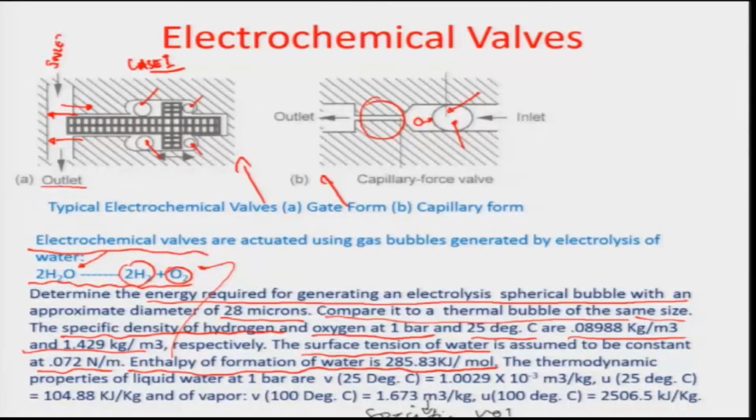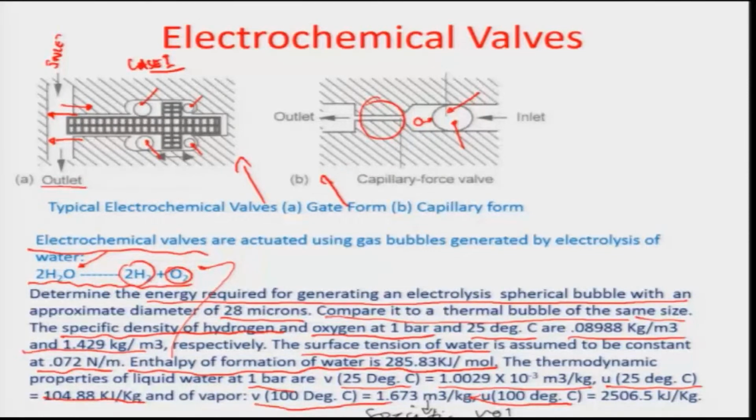This is the enthalpy for this particular reaction, and some thermodynamic properties of liquid water, particularly at the same pressure level, at same temperature level, that is the total amount of specific volume or the internal energy that the bubble will have if formulated thermally. And further, these parameters, that is specific volume as well as the internal energy, are given at the boiling point as well as the room temperature point. So, there is obviously going to be a change in these properties as the temperature goes up.